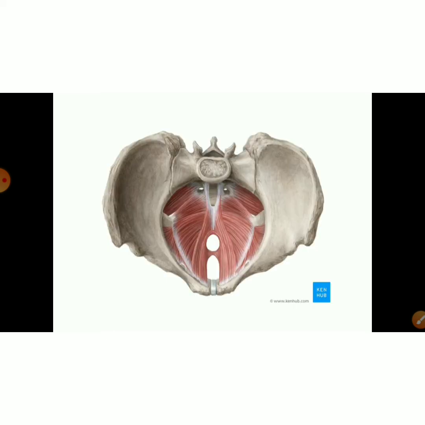So in this picture, this is the coccygeus or ischio-coccygeus muscle. So as you can see, the apex is at the ischial spine and the sacrospinous ligament. So sacrospinous ligament is basically the degenerated posterior part, posteriormost fibers.